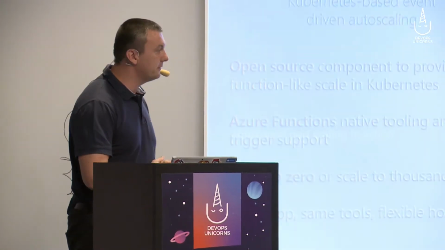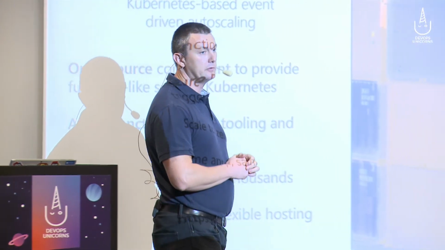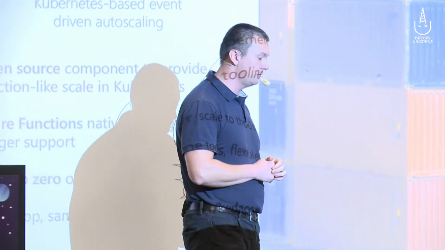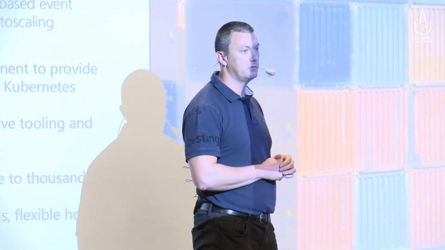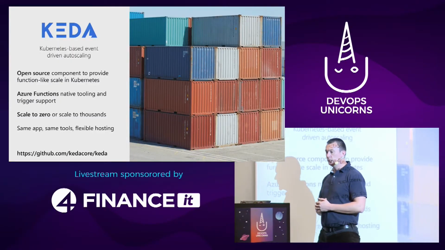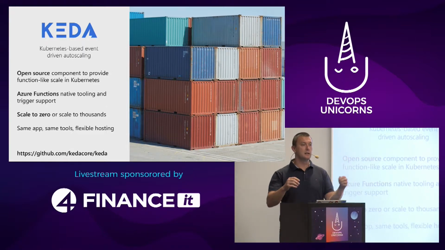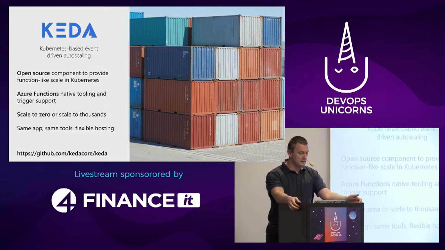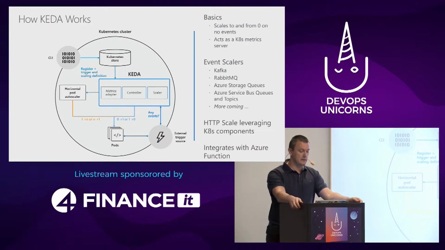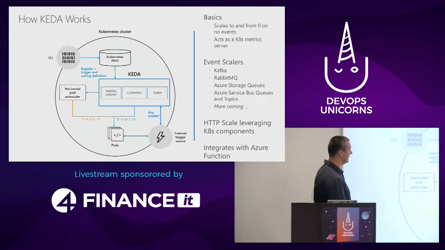What we have, and this is something we cooperated on together with Red Hat, is that Red Hat worked together with a team of Microsoft engineers to create a tool called Kubernetes-based event autoscaling. The idea of this tool is to have an ability to react to external events.